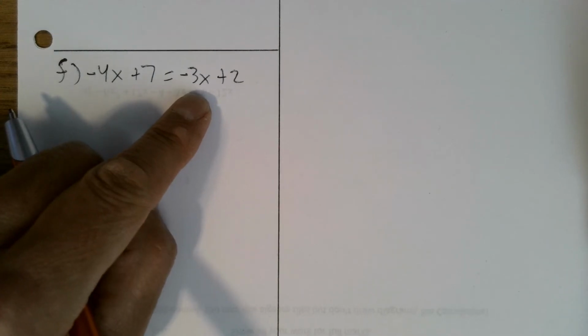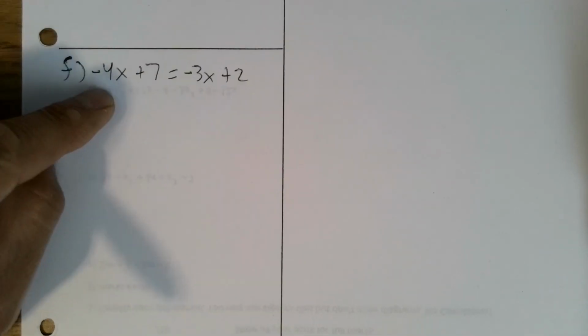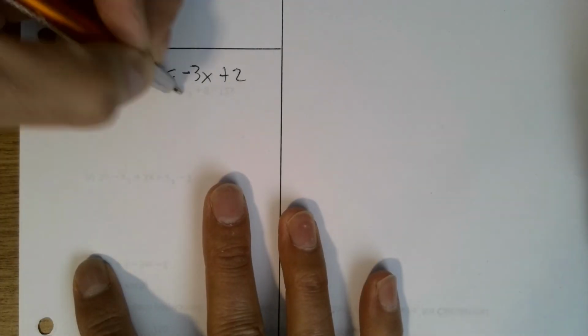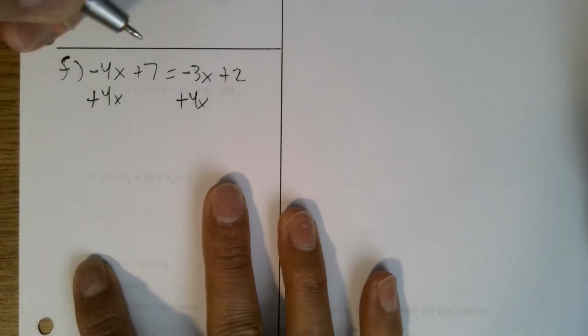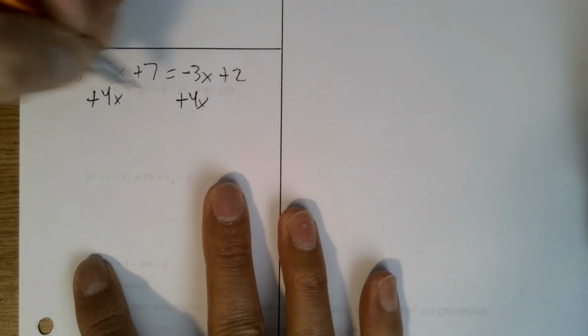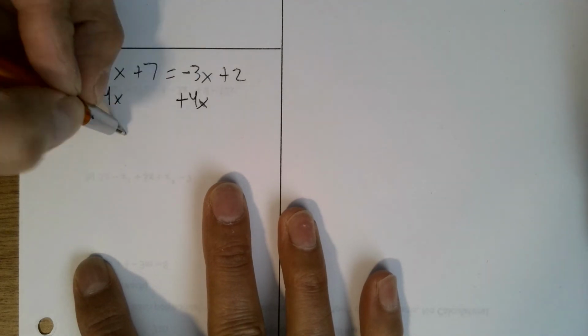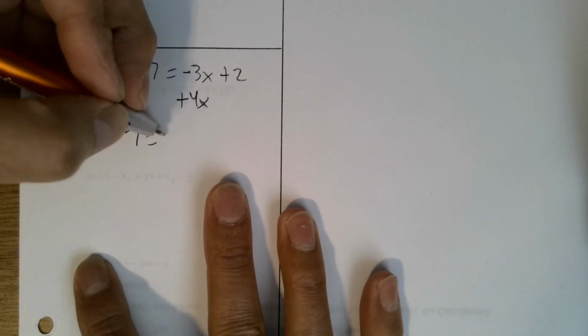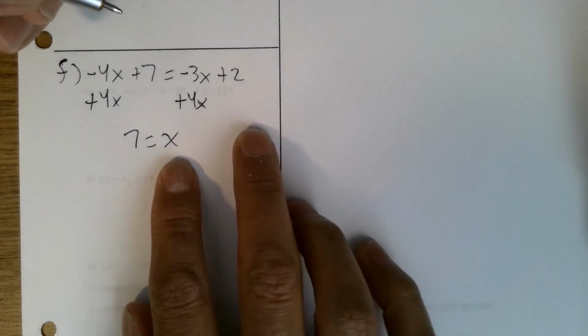Negative 3 is greater than negative 4, which means we want to get rid of this negative 4x. So I'm going to add 4x to both sides. Negative 4x plus 4x is 0, so I'm left with just 7 over here. Negative 3x plus 4x is x. Notice, no negatives. Makes things easier. And then plus 2.